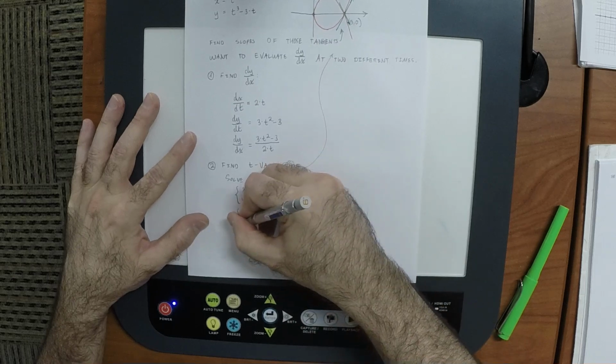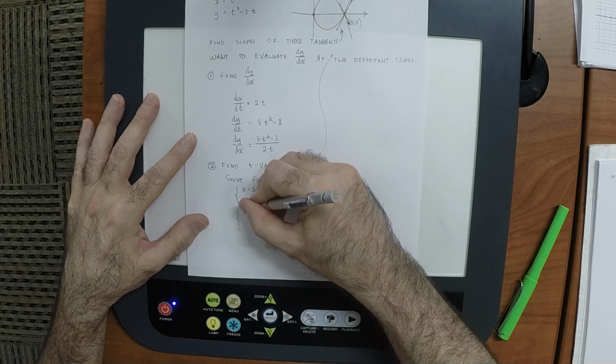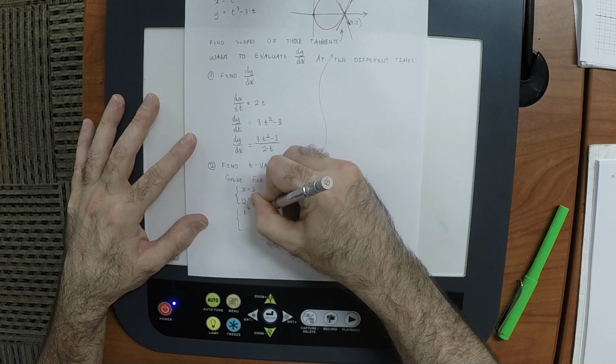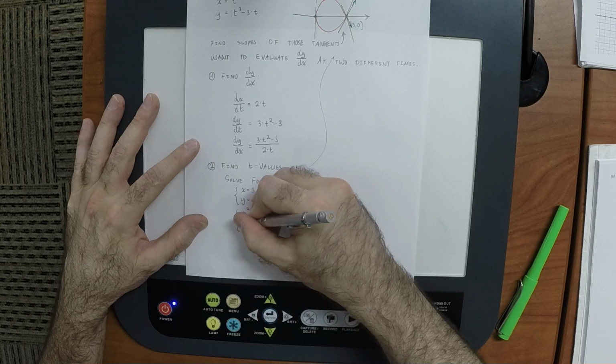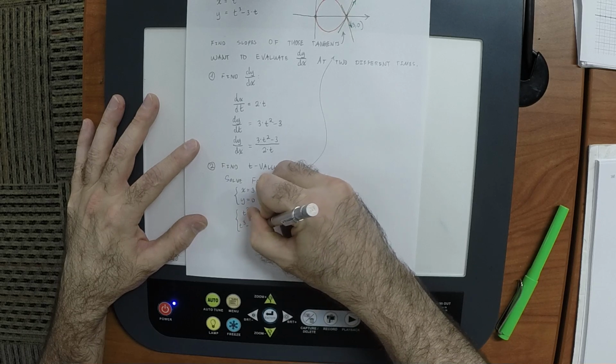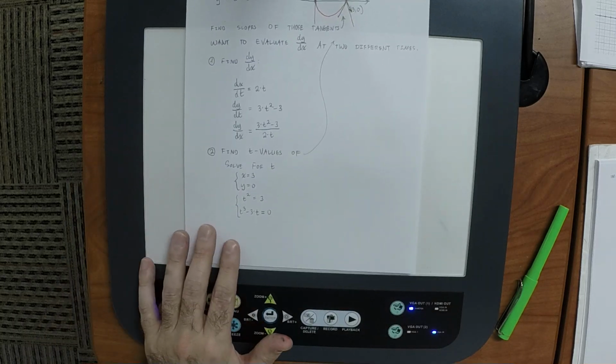Okay, so then substituting in, that would be t squared is 3, and also t cubed minus 3t is 0. We want to solve that for t.